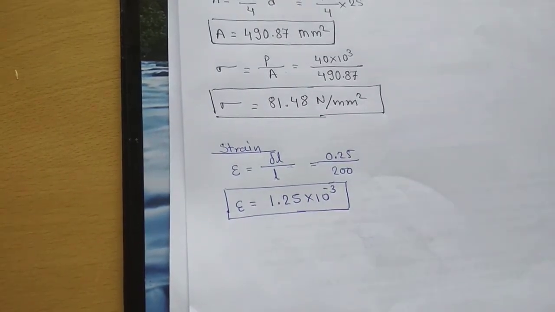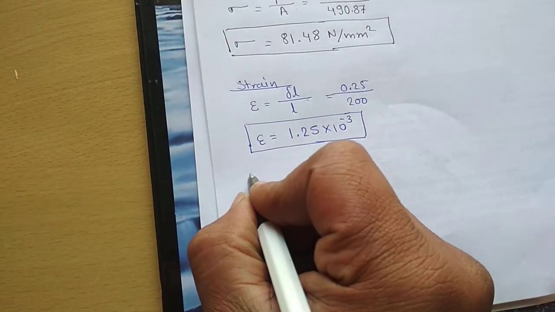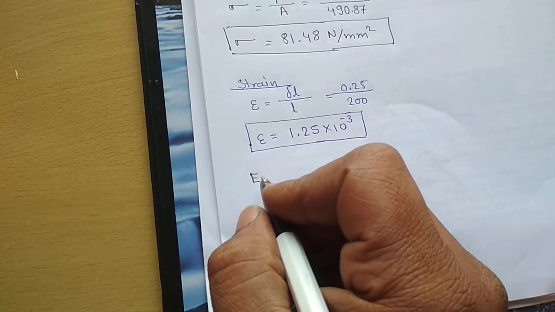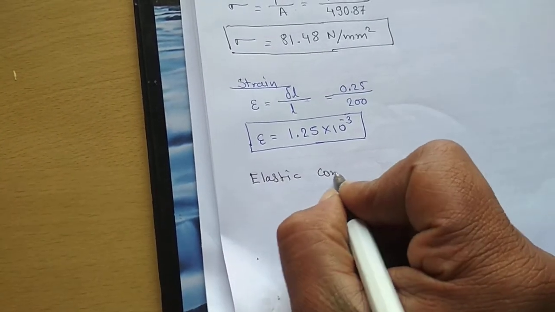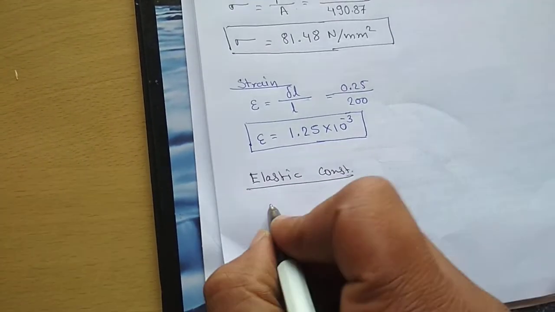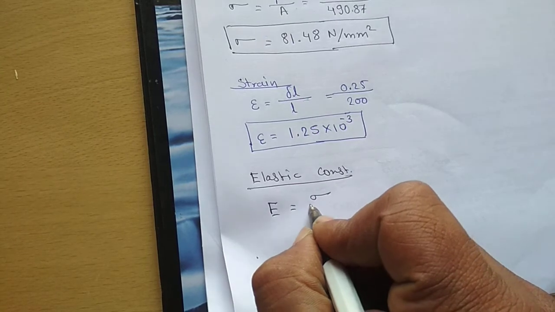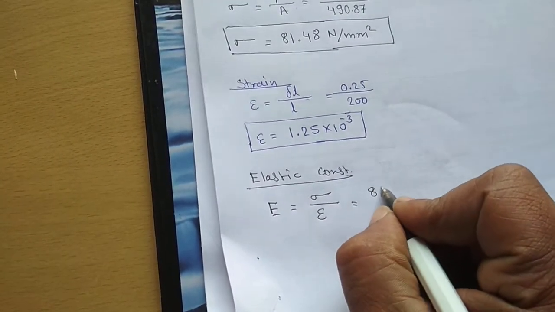Next we will find Young's modulus, that is nothing but elastic constant. The formula for elastic constant is nothing but stress by strain. So what is stress?